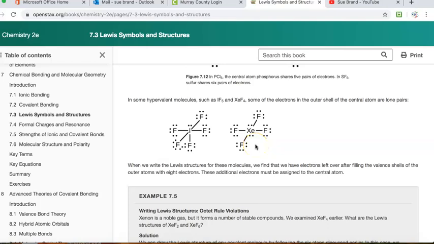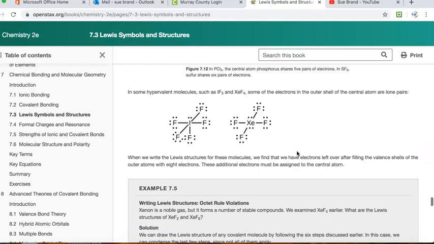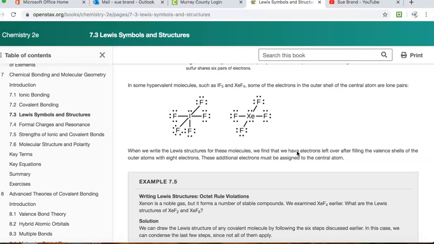A lot of things we say in chemistry have exceptions, and so there's usually a list of exceptions. Xenon has 8 valence electrons. And here, when it's bound to 4 different fluorine atoms, it has 2, 4, 6, 8, 10, 12 electrons around it. So again, this happens with central atoms.